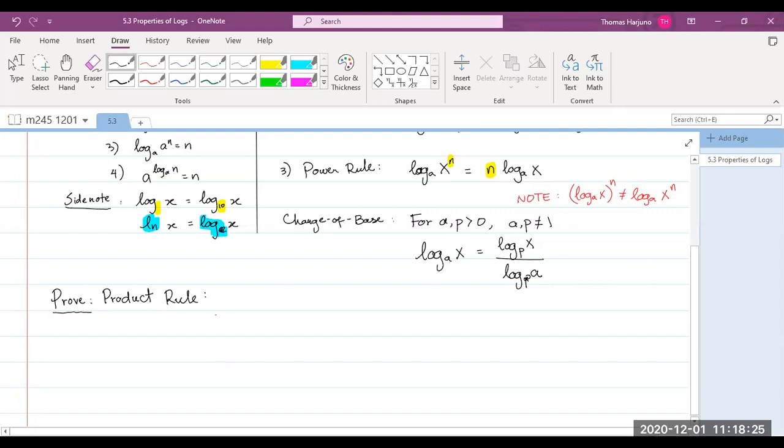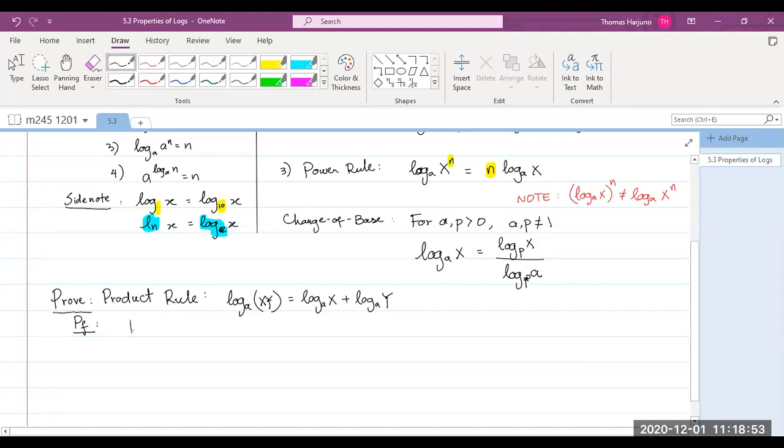Now, proof of product rule: log base A of xy equals log base A of x plus log base A of y. Hopefully, by showing you the proof, not only do you feel better about it, you can also know the reason this is true.